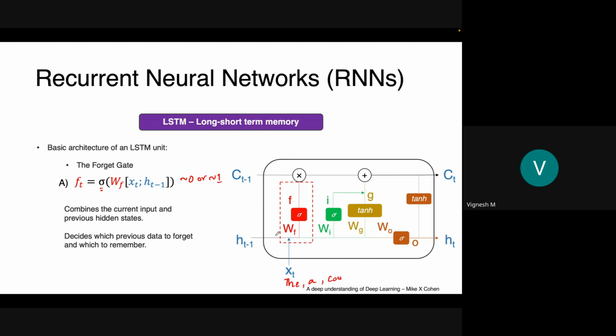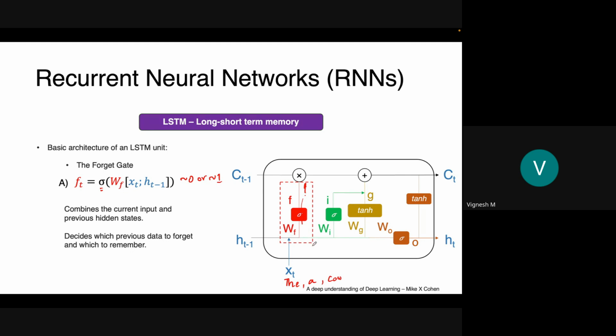So this gate decides and influences the cell gate here, because there's a multiplication sign here. I'll tell you how this gate interacts with it, but this gate decides which information from the previous hidden state and the current input to actually forget and which to remember. That's basically what this gate does. So that's often why it's called the forget gate. All right.